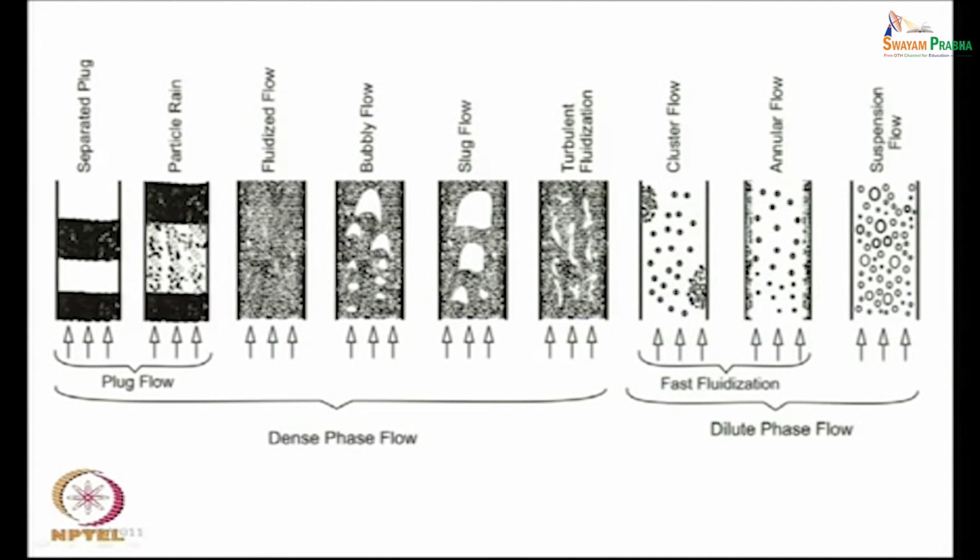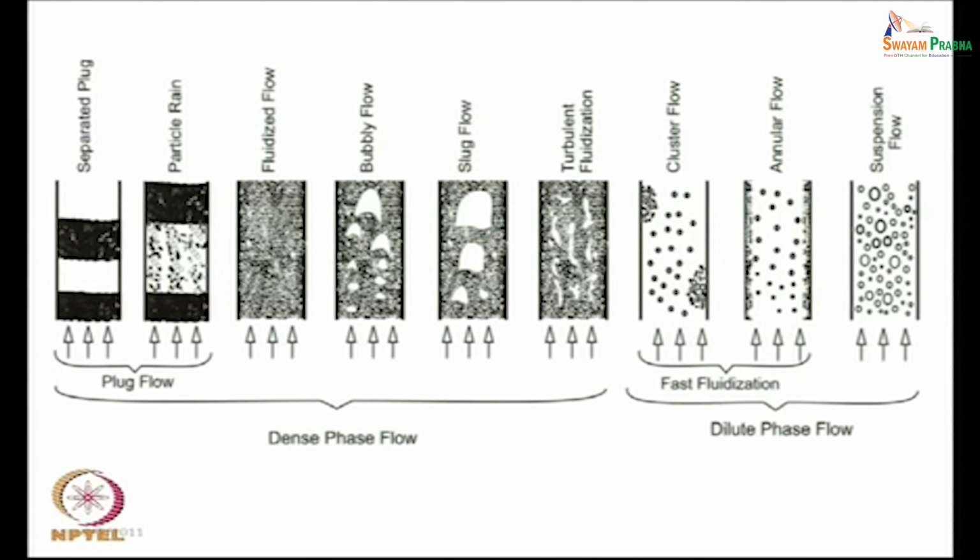The turbulent fluidization regime, when do we get this? When there is extreme particle turbulence without large discrete bubbles or voids. When there are large discrete bubbles or voids, it is slug flow regime, and for turbulent fluidization regime there is extreme particle turbulence, but there are no discrete bubbles or voids.